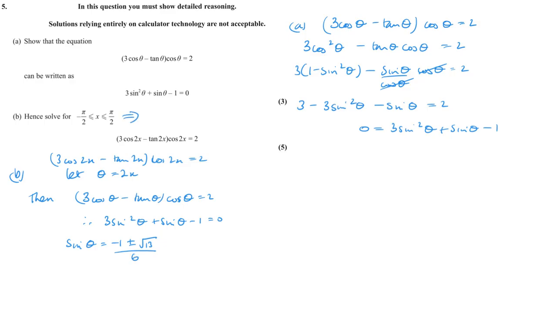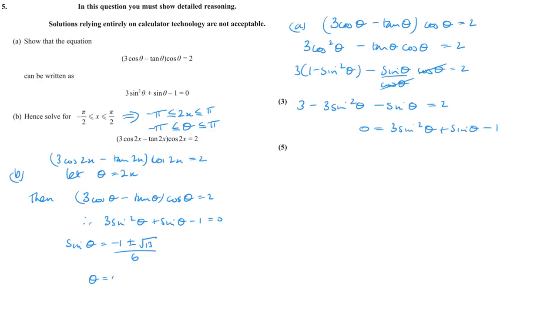And from the range, because theta is equal to 2x, and x is between pi and minus pi, times them by 2, so theta is between 2 pi and minus 2 pi. Okay, so that's going to become quite important.